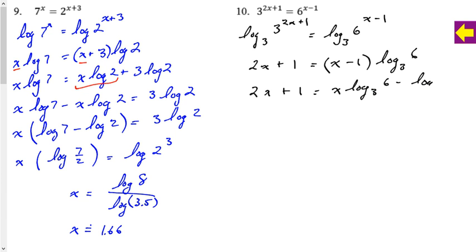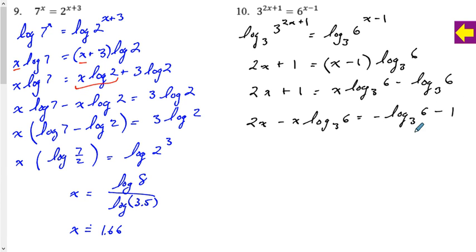Now I want to collect all the x's to one side. So on the left, I'll have 2x minus x log base 3 of 6. And on the right side, I'll have a negative log base 3 of 6, and then the minus 1. And again, I can't subtract the 1 from the 6.